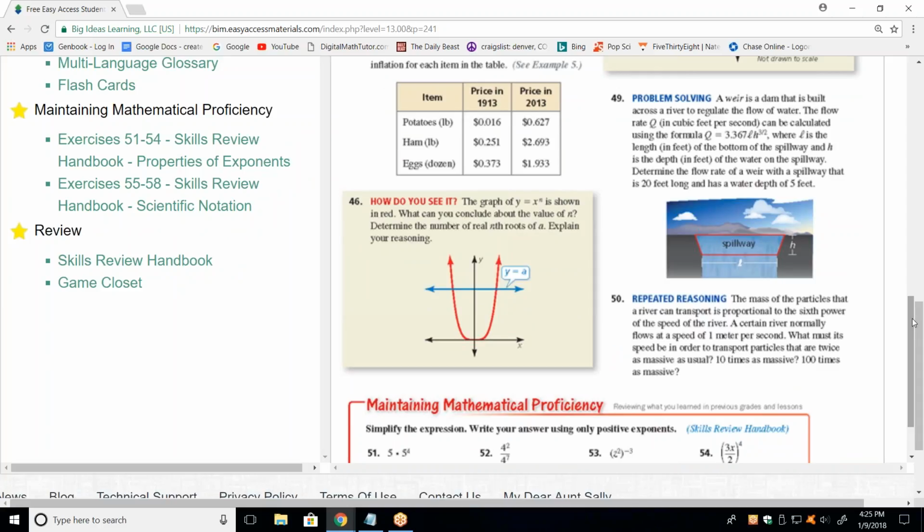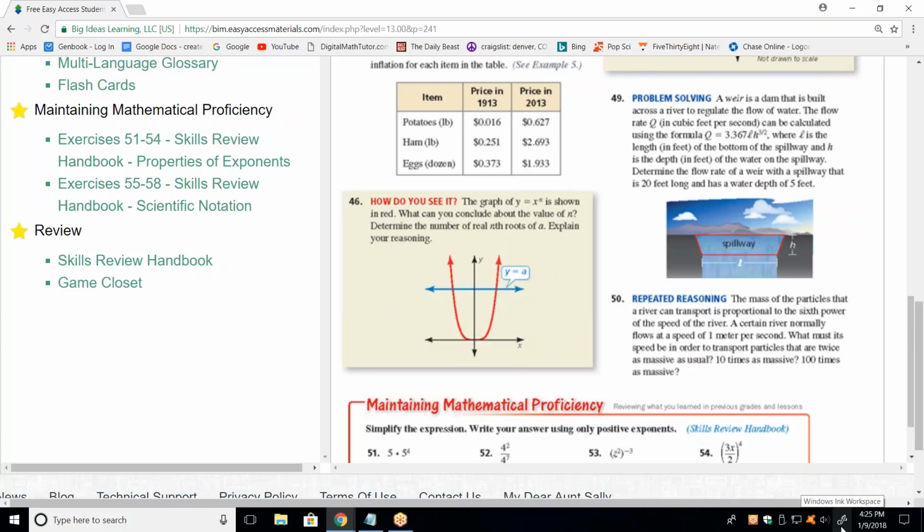49. Now notice that this looks really complicated. Most people see a word problem and they think, oh man, I don't know if you're like that or not, but the reality is these are actually quite simple.